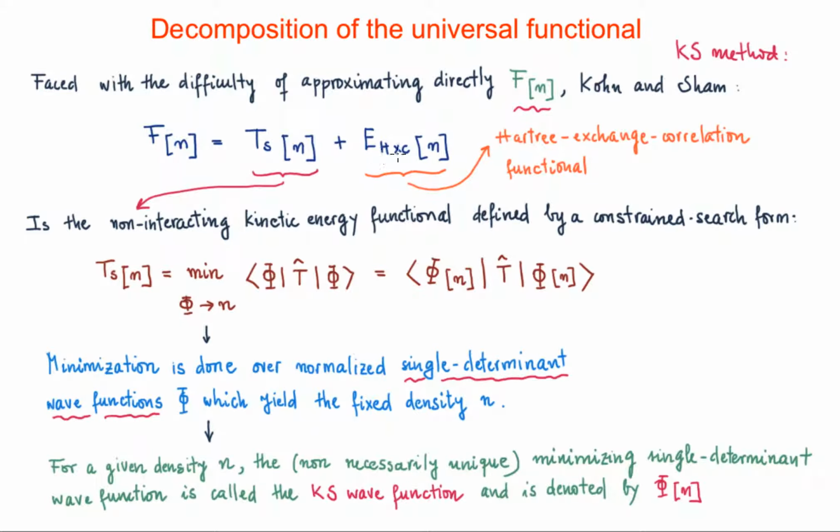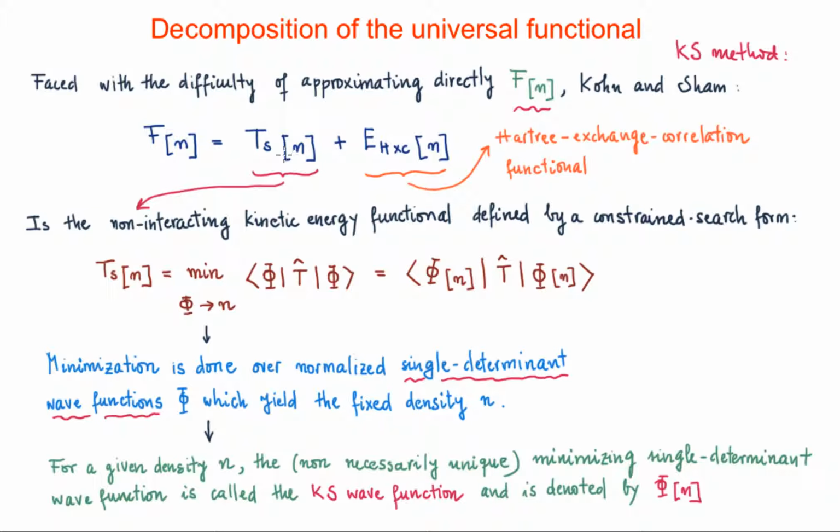That is why it was called EHXC, which is also a functional of the density. So we're going to see the first one, which is quite a tricky thing. First, this one is the non-interacting kinetic energy functional. This is not the functional of the kinetic energy of the real system.